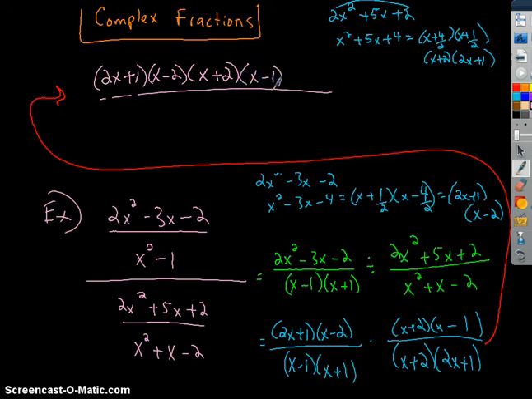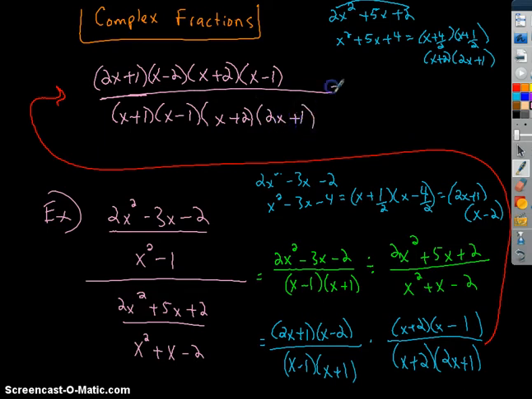And that's divided by all these multiplied together. So it's divided by x plus 1 times x subtract 1 times x plus 2 times 2x plus 1. And then I'll look for what can actually cancel.